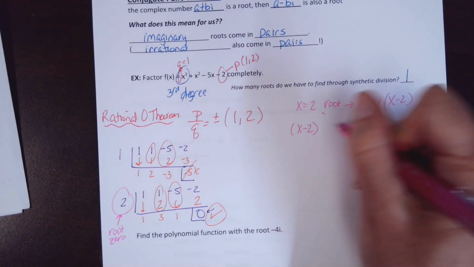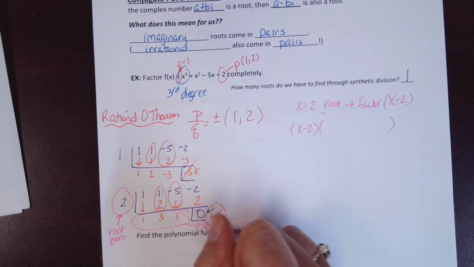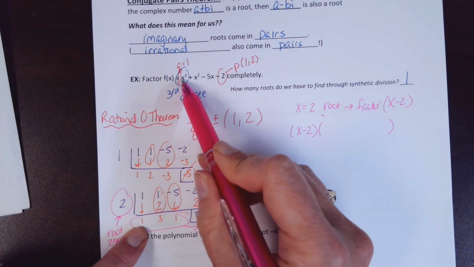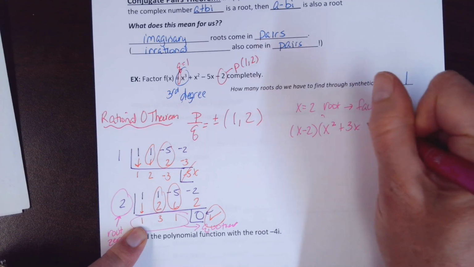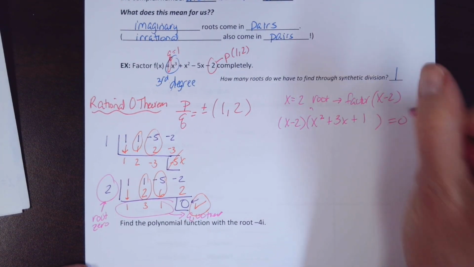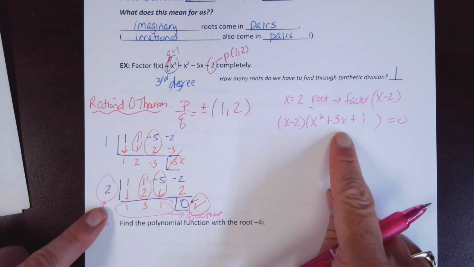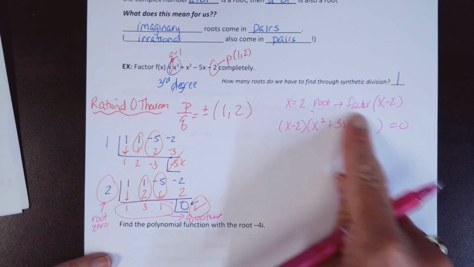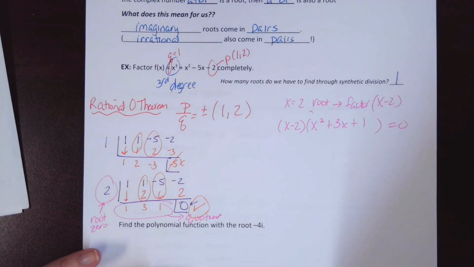Then I take that quotient, 1 degree less than x cubed, so this is x squared plus 3x plus 1. You know what? That's not factorable, which means that I found a root from my list of possibilities p over q. The other two are either going to be irrational or imaginary.